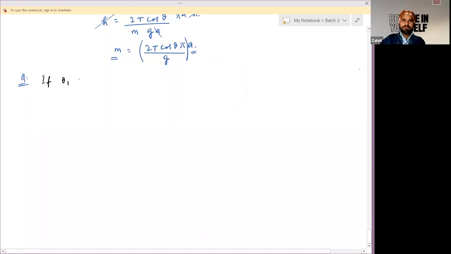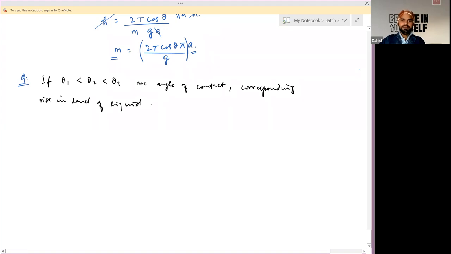If theta 1, theta 2, and theta 3 are angle of contact, and corresponding rise in level of liquid are H1, H2, and H3, find relation between these rise in level of liquid.